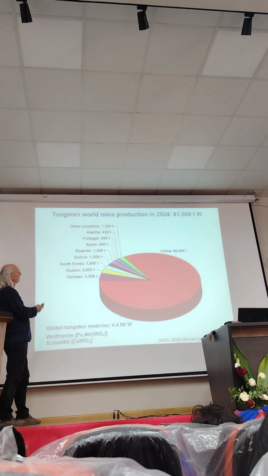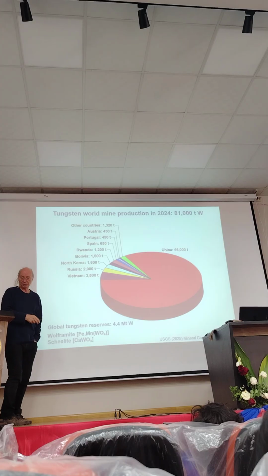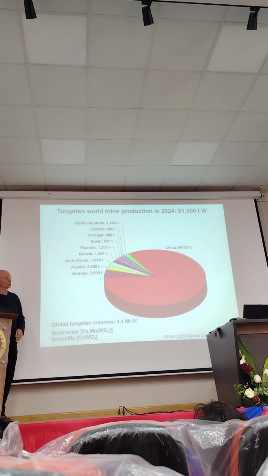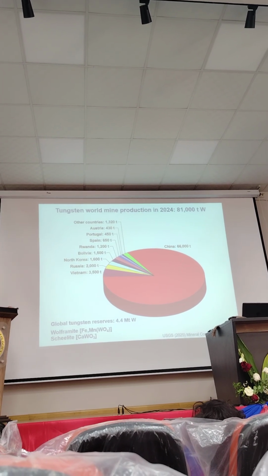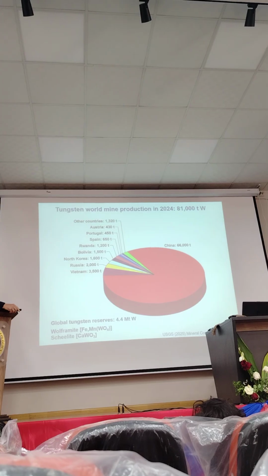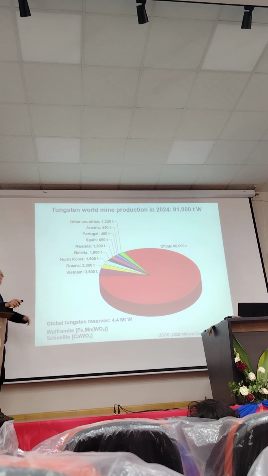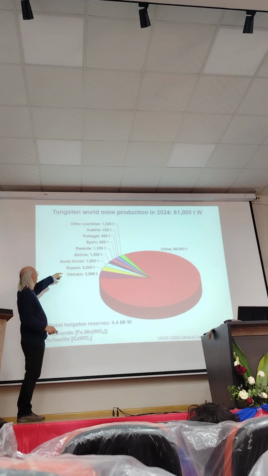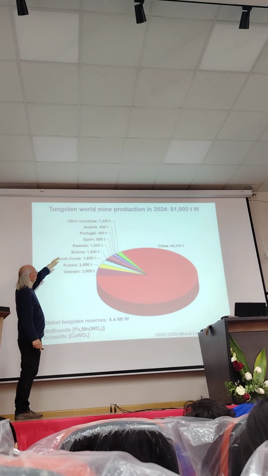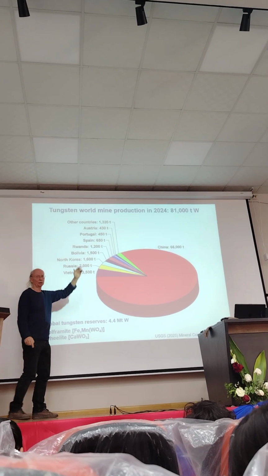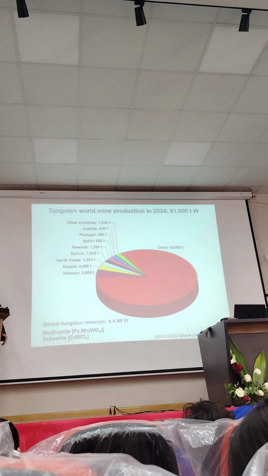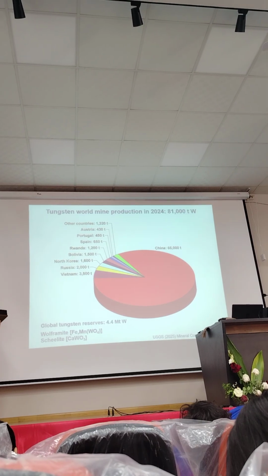Now if we look at tungsten, then it's different. China is in a very strong position, like with the various elements before. So they dominate the market. And after China comes Vietnam, this is relatively new, and then comes Russia, North Korea. Bolivia very low actually. Bolivia also should have much stronger tungsten production.